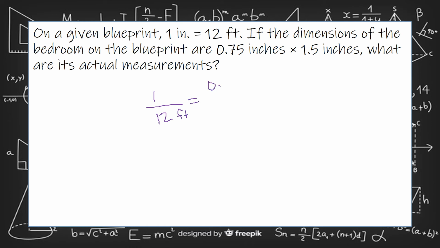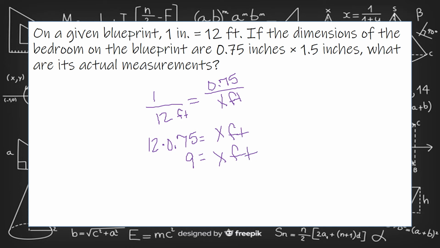So, we got the blueprint on top, the actual lengths on the bottom. So 12 times 0.75 is 9, divided by 1 is 9.